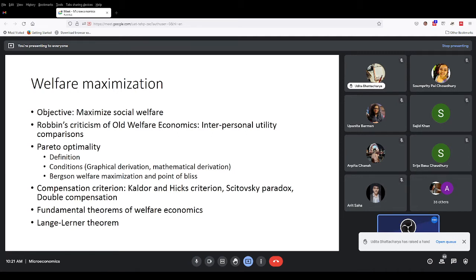One of the common welfare functions that is used is the Bergson type welfare function. But again, when you bring in welfare, you have to bring in some notion of interpersonal utility comparisons.